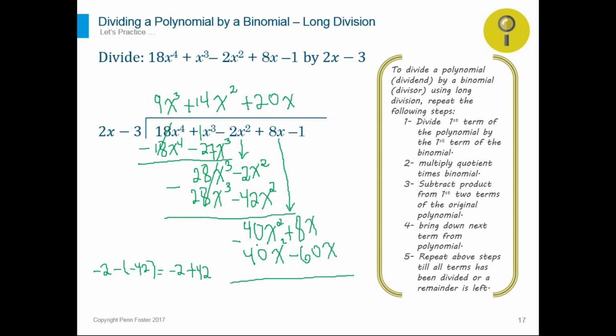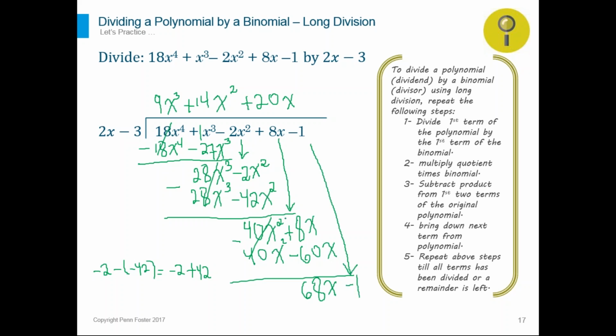Subtract. Negative 40x squared minus itself, nothing, 0. 8x minus negative 60 is the same as saying 8 plus 60. So that's 68x. Bring down the last term, minus 1.